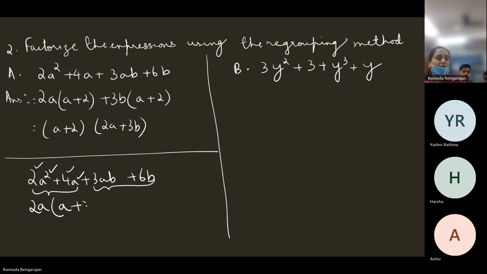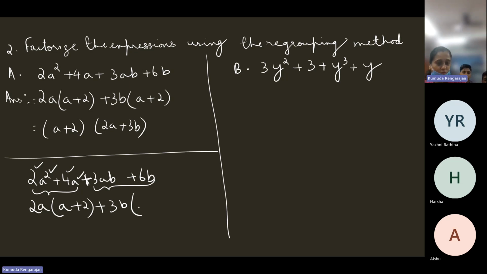Plus 2. That's over. Now between these two terms, what is common? So 3 and 6, what's common? 3. Put the same sign, plus, no? Bring that down here. 3, a b and b, what's common? b. After writing out the common factor of the HCF, now you should do this one.